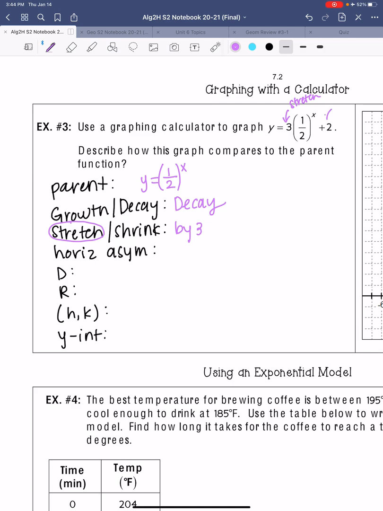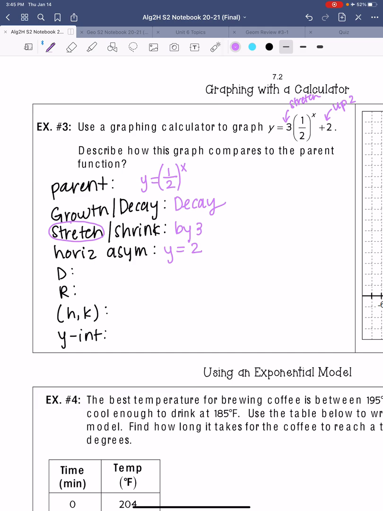If you look at this problem, this is going up 2. It's on the outside of the function. So that means it's a vertical shift, and it's the same as what you think. So it's a vertical shift up 2. So our horizontal asymptote is also going to shift up 2. So now we're at y equals 2 for my horizontal asymptote.